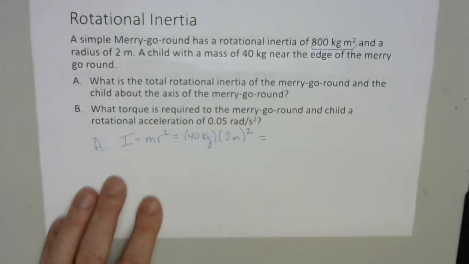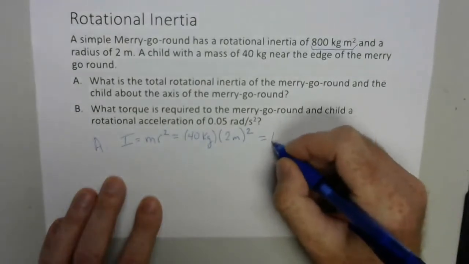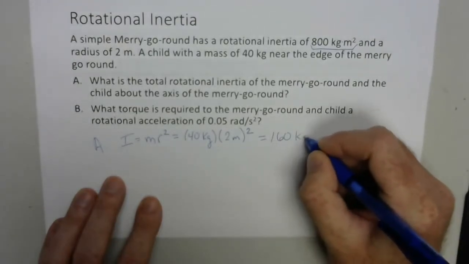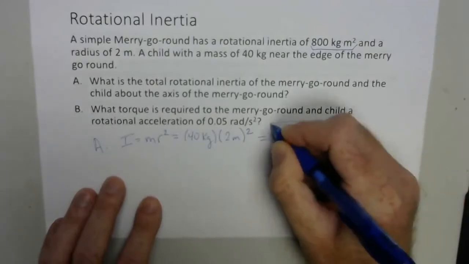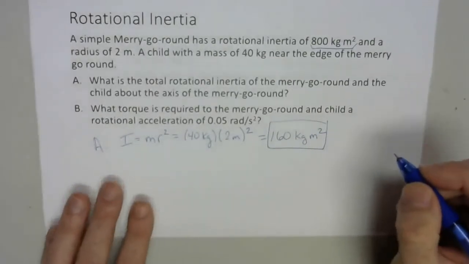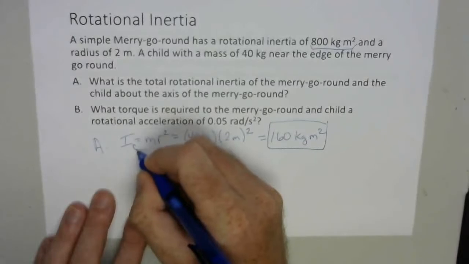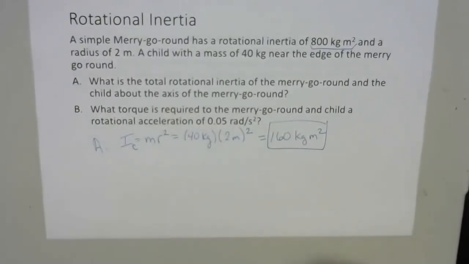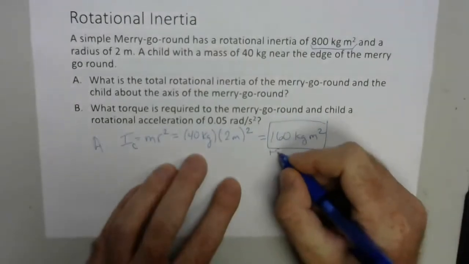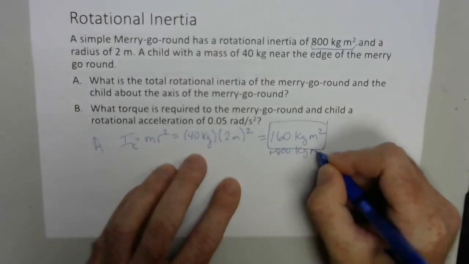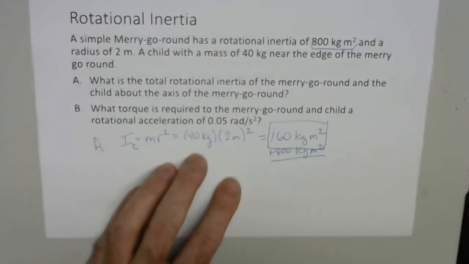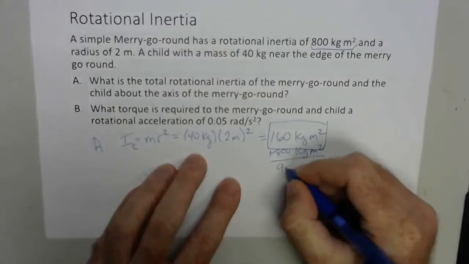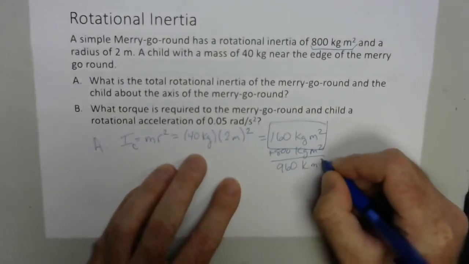So then you're going to say 40 times 2 squared, or 160 kilogram meter squared. That's just the child though, so that's the child only. Now, if you've got the merry-go-round itself having an inertia, we're going to add the 800 kilogram meter squared to it for a total rotational inertia of 960 kilogram meter squared.